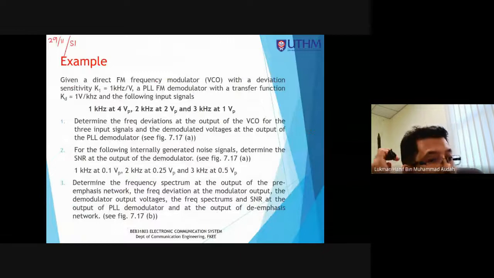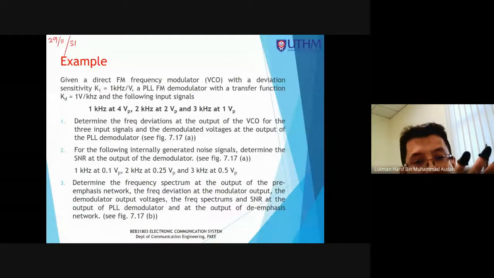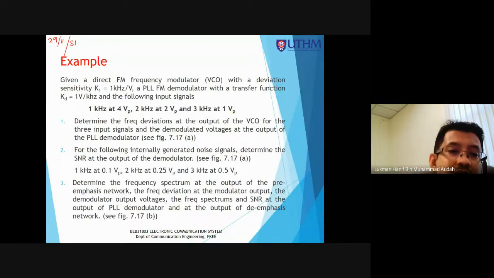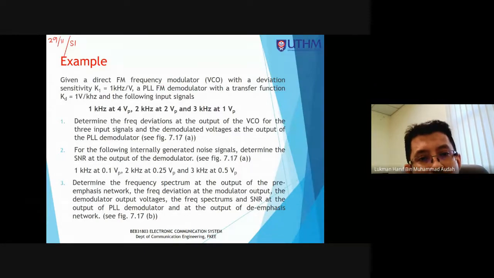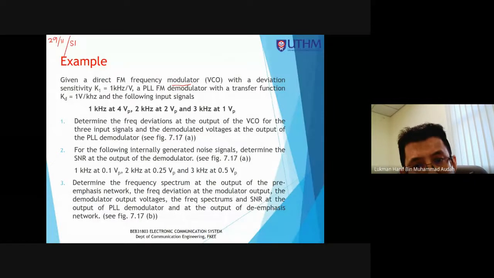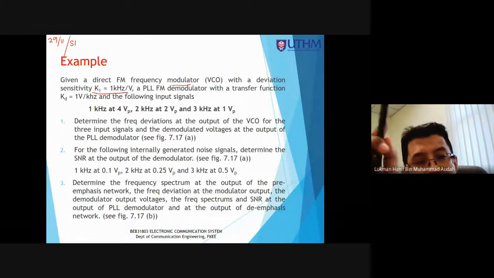Okay. Saya nak tunjuk contoh secara laju sekejap. Ini contoh dia, daripada buku Wayne Tomasic. Dalam example ini diberikan a VCO, voltage control oscillator ataupun modulator dengan deviation sensitivity K1 1 kHz per volt.